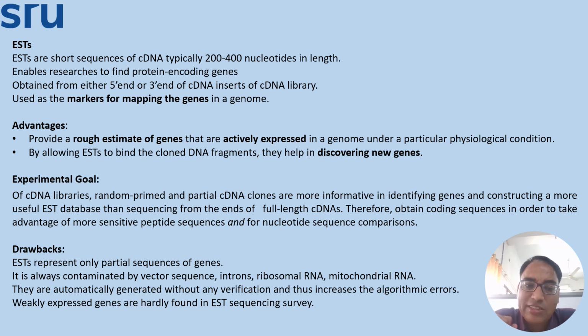Now, what are the limitations here? As we discussed, it is only a partial sequence of genes. Second, because we are taking from DNA, it can have contamination from various different sequences, like vector sequences used in plasmids, introns, ribosomal RNA, and mitochondrial RNA present in a cell.